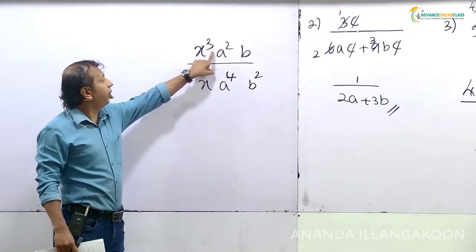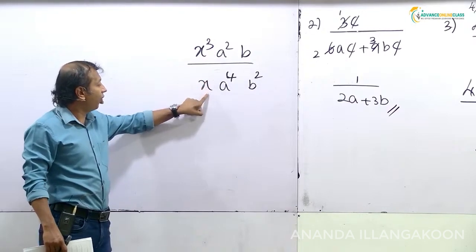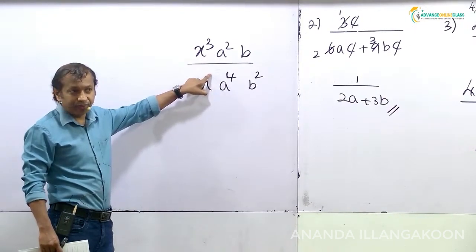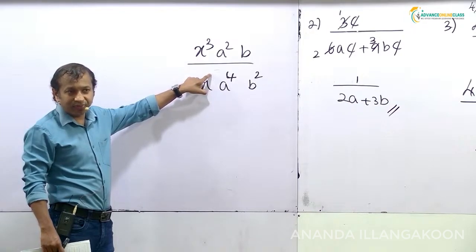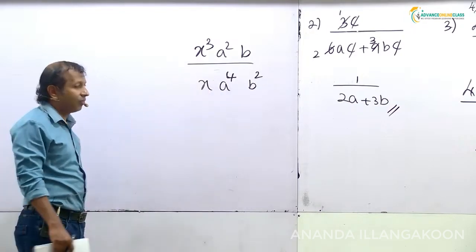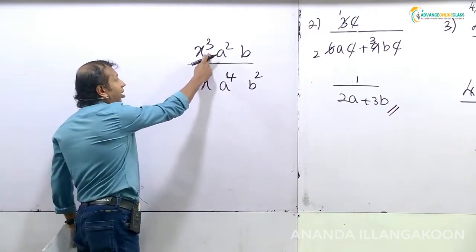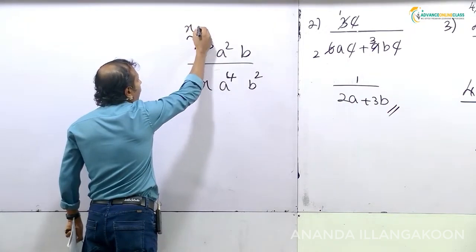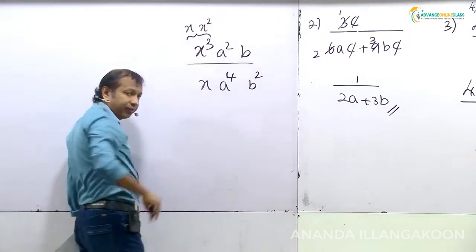Here x to power 3 we have. Here x to power 1 we have. Tell me the cancellation. x power 3 you can write how, people? x into x squared, no?